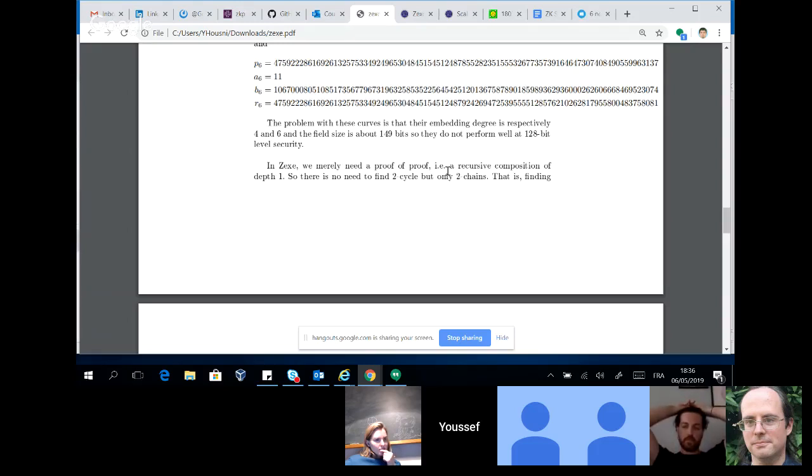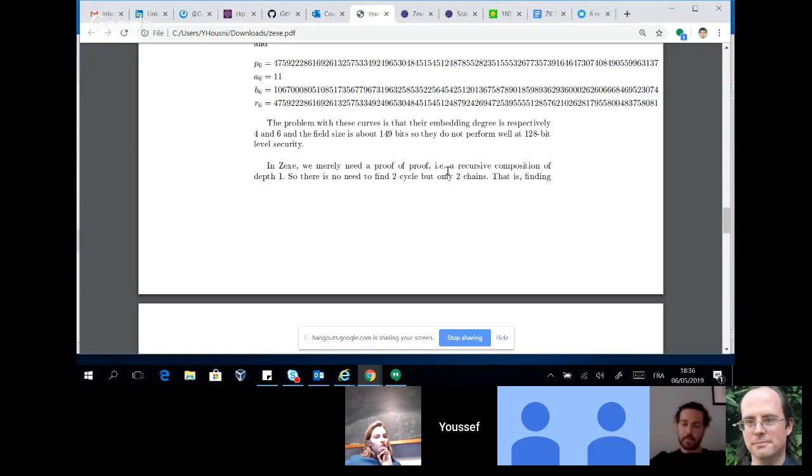A simple recursion is when you have R sub 1 equal to P sub 2 and R sub 2 equal to P sub 1. So the relation is going the other way around. But in a bounded recursion, you need only one elliptic curve that has an order equal to the prime field size of the previous one.